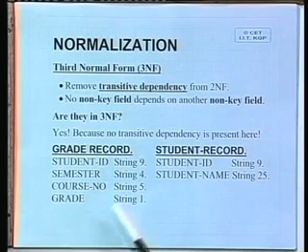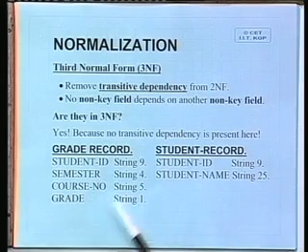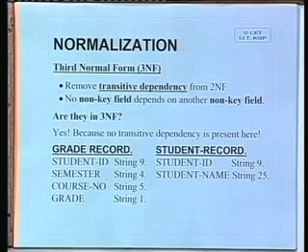So, there is non-full dependency. This is what we have seen in our previous lecture. That is why we had to have two records, that is grade record and student record, and we say that this is in second normal form. Now, is it in third normal form? That is the question today.